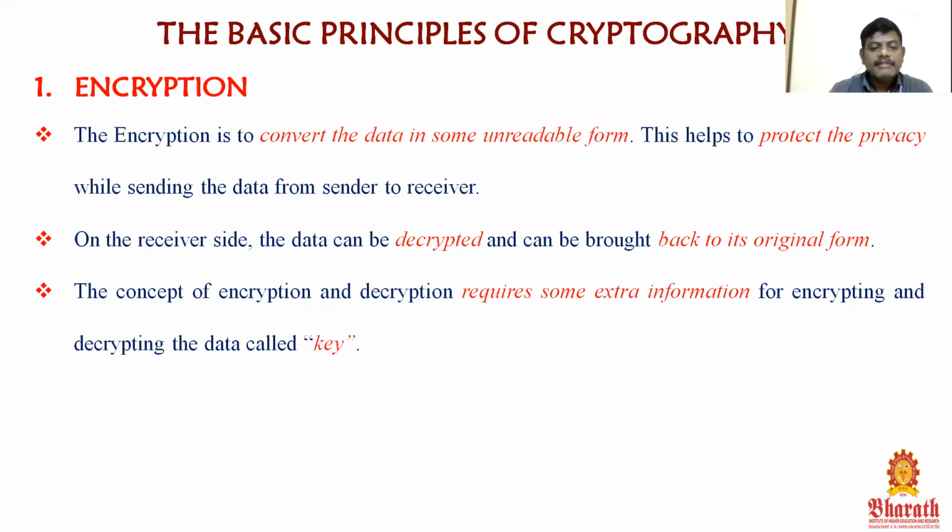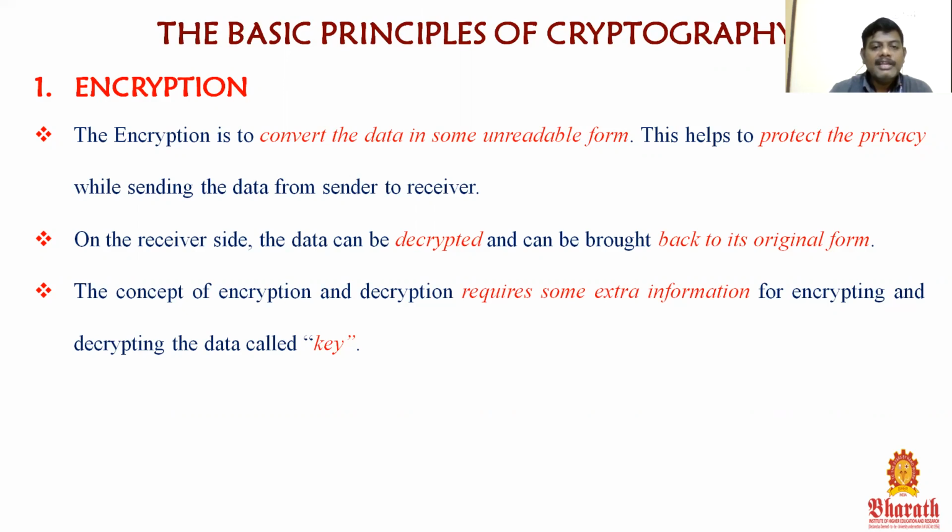So we need to protect our data while transferring, while sharing, while communicating. Any person, any attacker, any malware can read your data. So we need to convert your data into unreadable format. For that, we need to do encryption on the sender side and decryption on the receiver side.